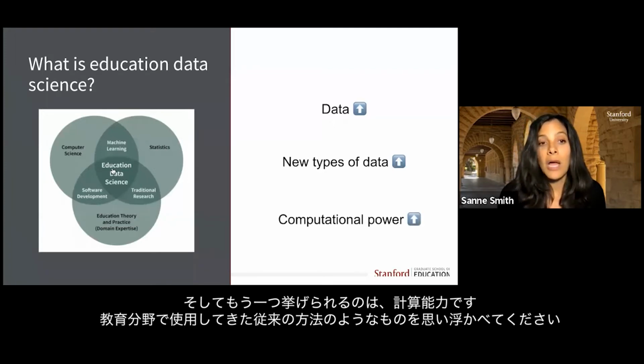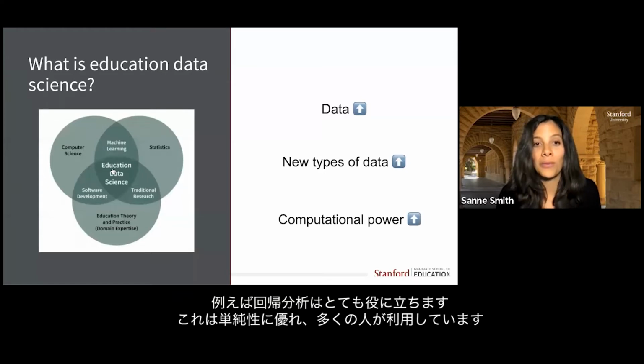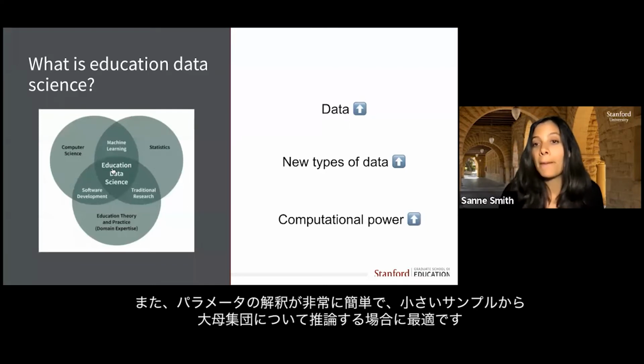And the other thing that's up is computational power. So we think about the traditional methods that we've used in the field of education, such as regression. It's really great. It's great for its simplicity, and a lot of people do it. It's very easy to interpret the parameters, and it's great for making inferences from small samples to a wider population.